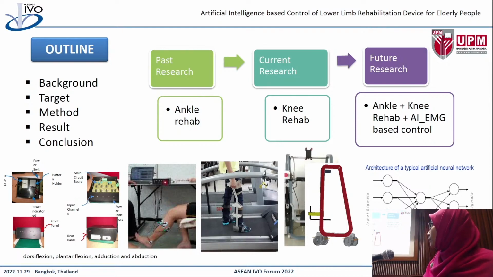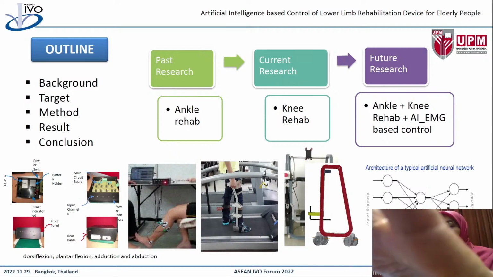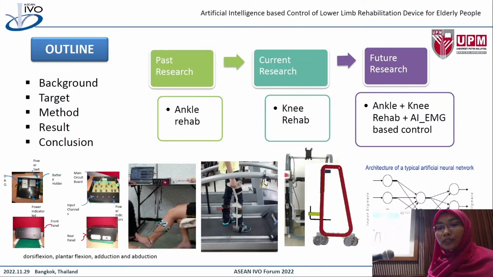We managed to develop the EMG system ourselves for the My Aging Center, for postgraduate research. Under the ankle rehabilitation, we used the AI method minimally for the types of ankle motion: dorsiflexion, plantar flexion, adduction, and abduction.